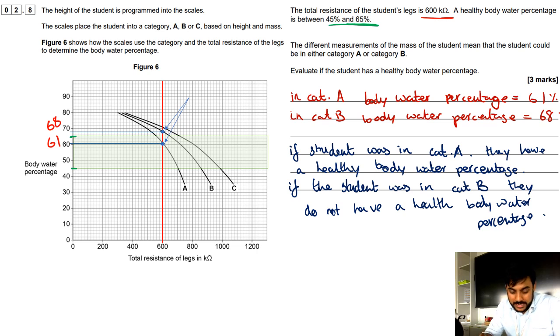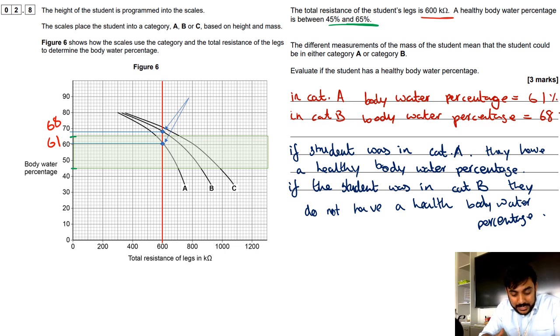So just to recap, where the student's line intersects, which means crosses the lines of the category, we read off that point to the y-axis to see how much body water percentage that particular reading of resistance will show for each category.